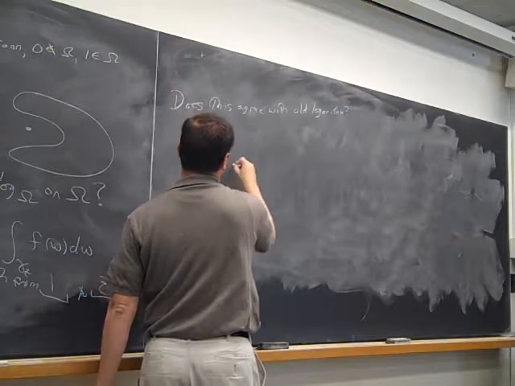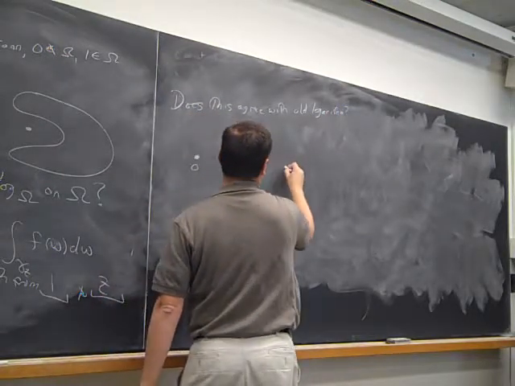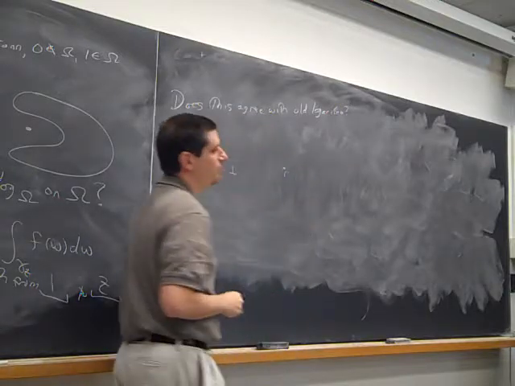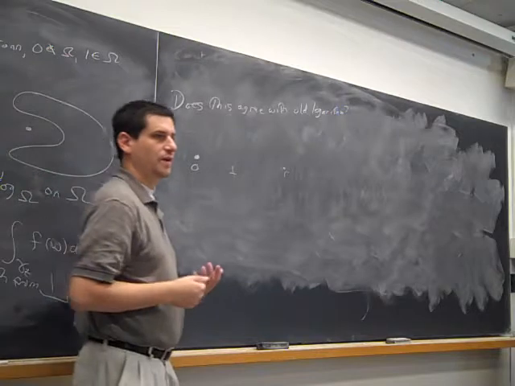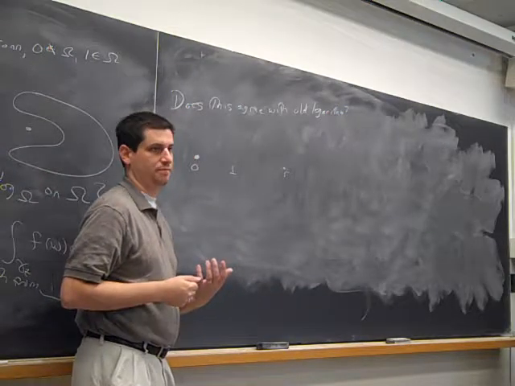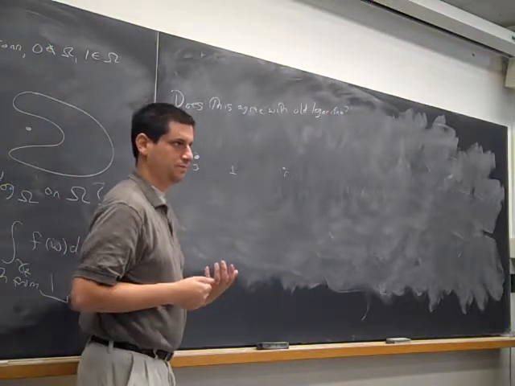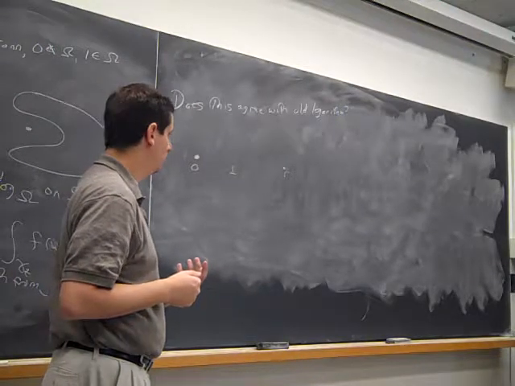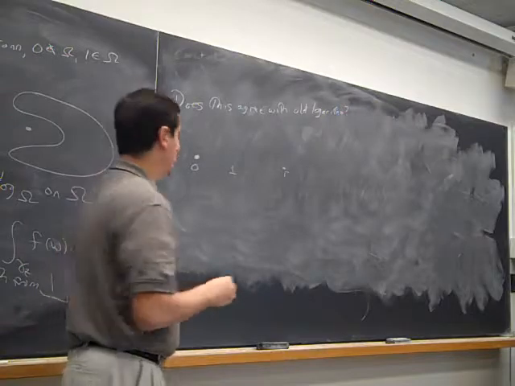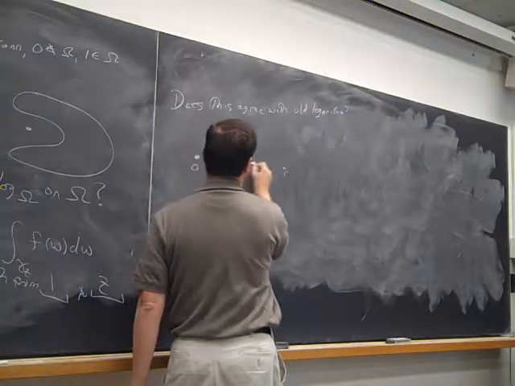So here's 0, here's 1, here's a real number r. I'll just assume r is greater than 1 because I want to put it there. It doesn't really matter. Can somebody give me a path from 1 to r? Straight line. So here, we need to say a little bit about omega.